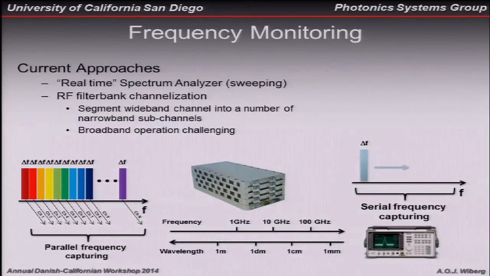There are also filter banks, where you stare at many channels at the same time, but covering 1 to 110 gigahertz is very challenging because of the sheer size of this wide range, and also because of designing the filters, since each filter will be unique for each frequency.